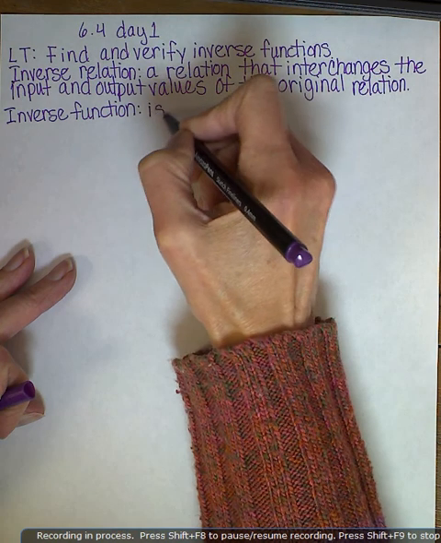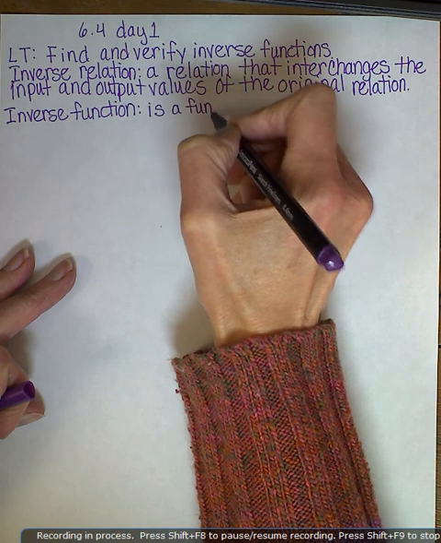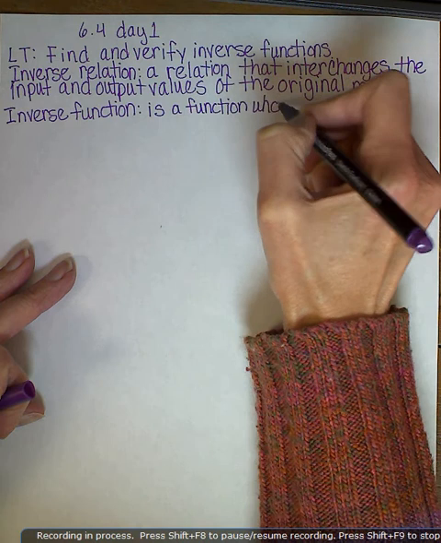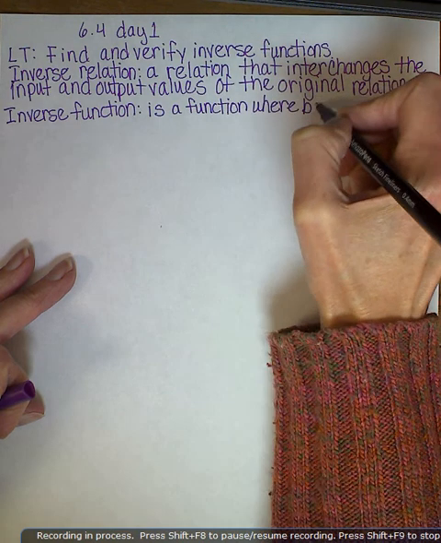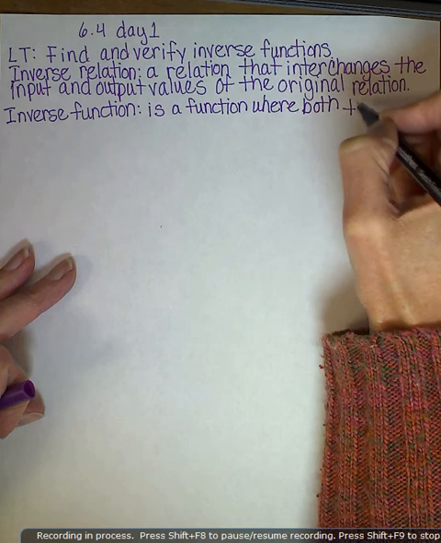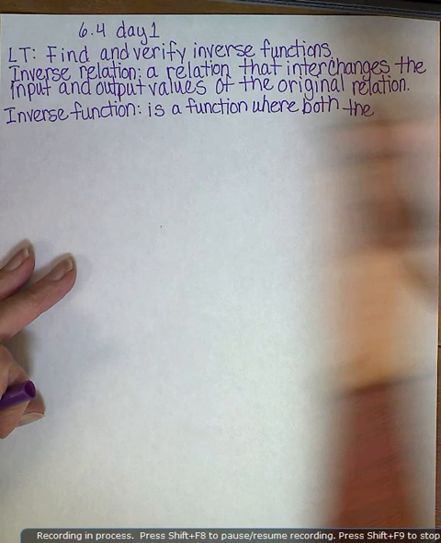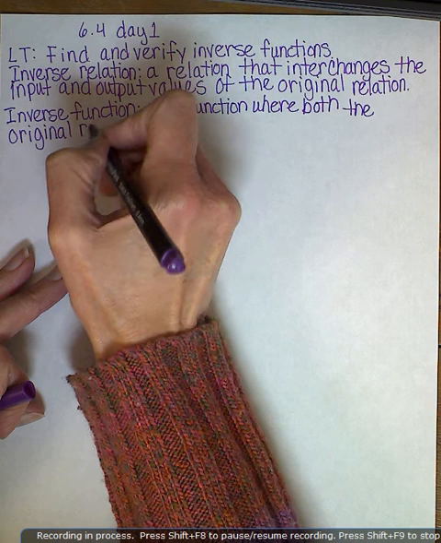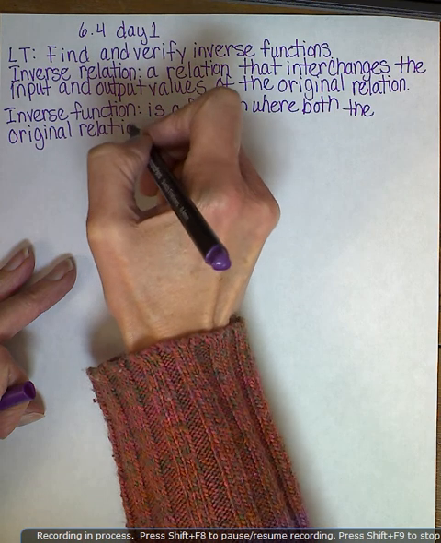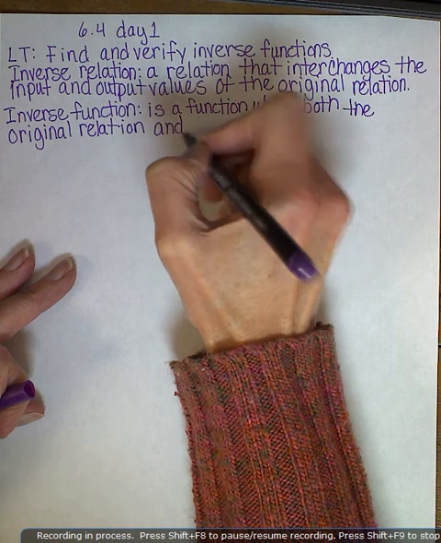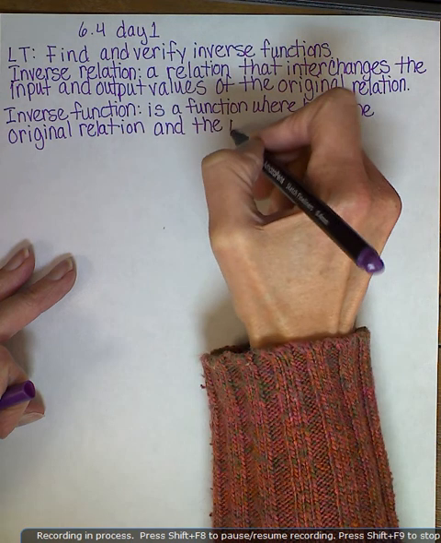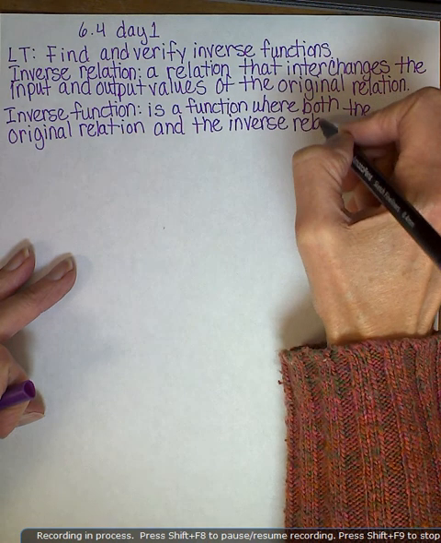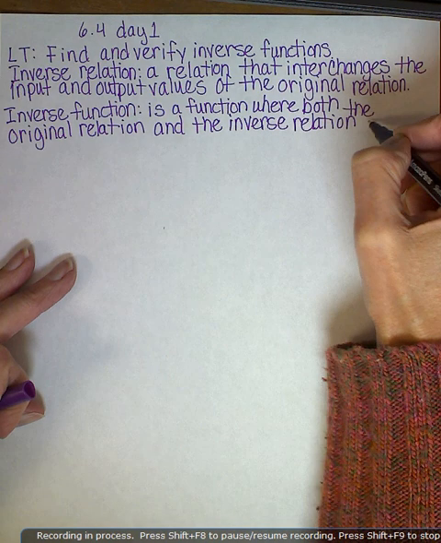This is a function where both the original relation and the inverse relation are functions.